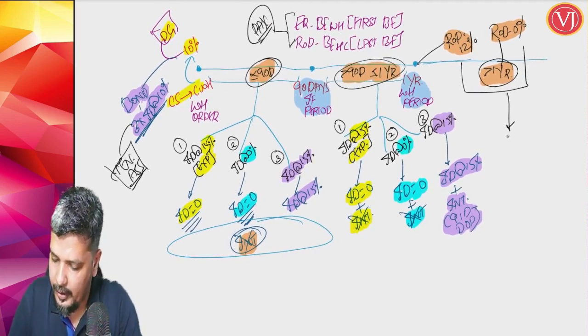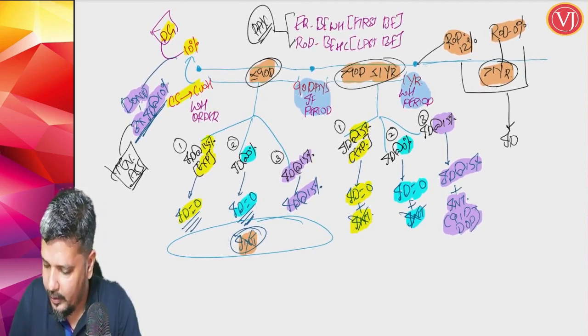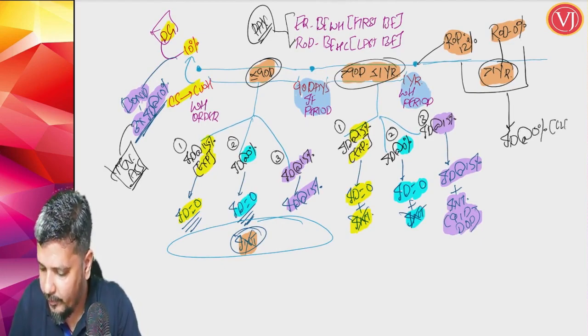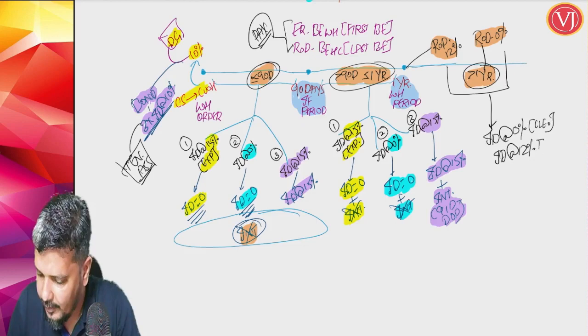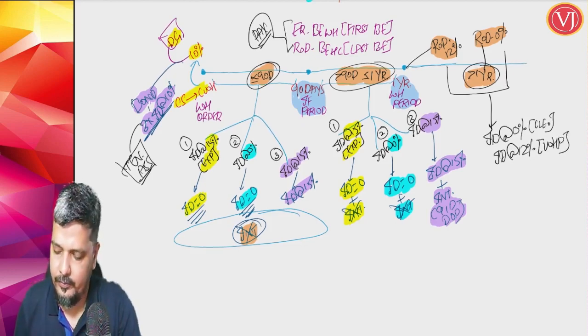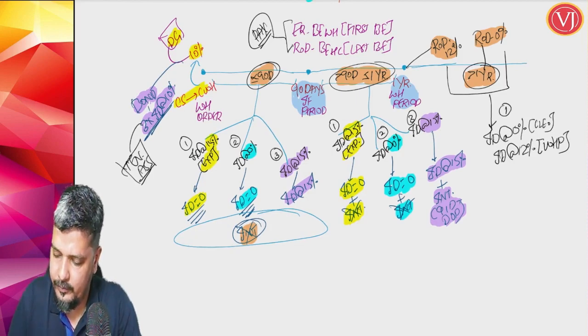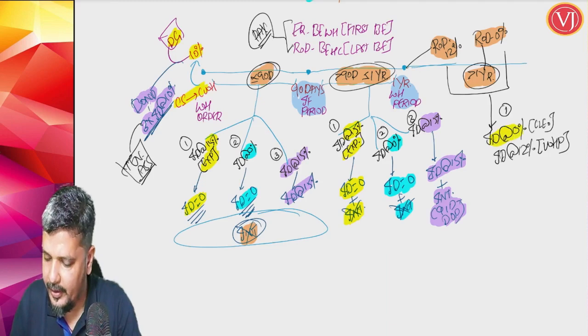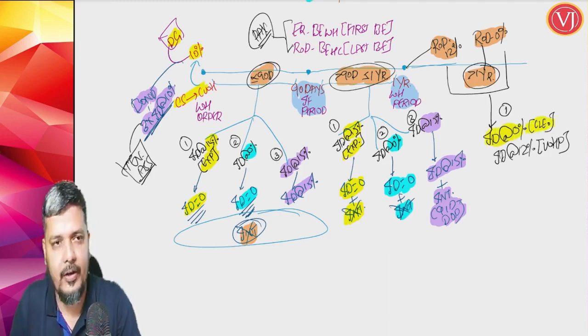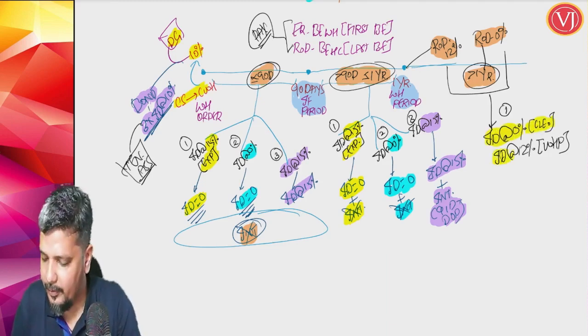So import duty rate is 0% at the time of clearance, but import duty was 12% when warehousing period was over. Import duty is 0% at the time of clearance. When you are actually clearing it, 0%. But import duty is 12% when warehousing period was over.